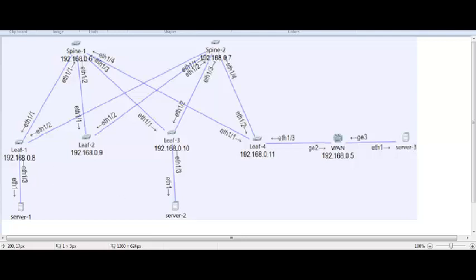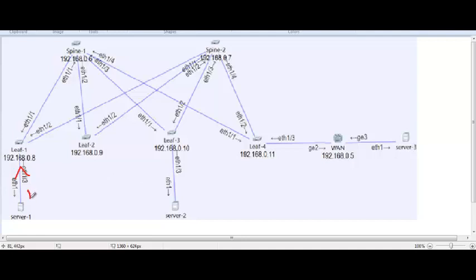For example, if this server sends a layer 2 broadcast, that should not be sent to all the leaves. It should go only to those leaves where the receivers may be connected.